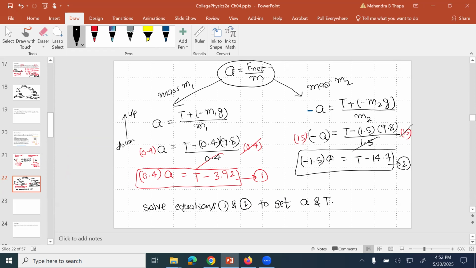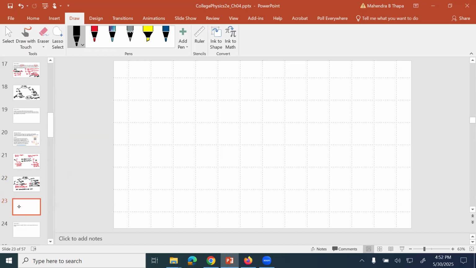This can be done in many ways. Because this is algebra, we can do it by various approaches, so I just go through one of them.